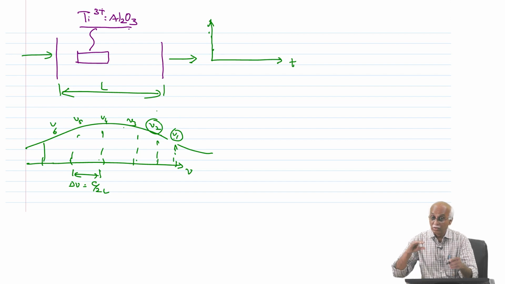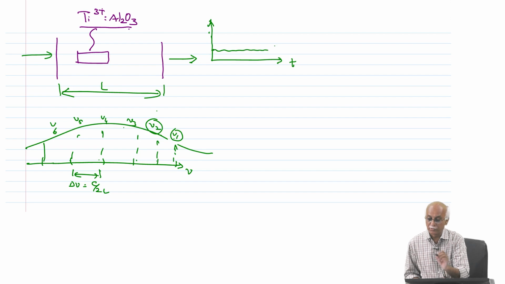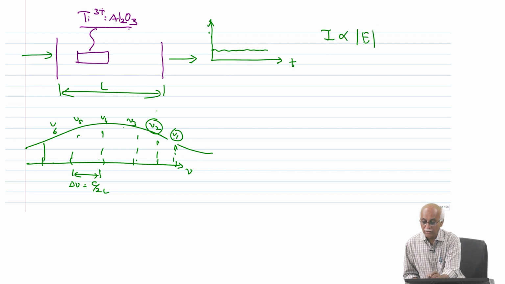So, the addition will end up with some average output, and if we try to see intensity, which is proportional to E square, electrical field square, that is also not very large. So, this is the general outcome.